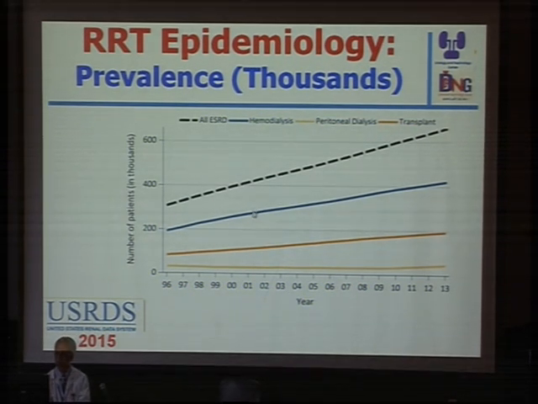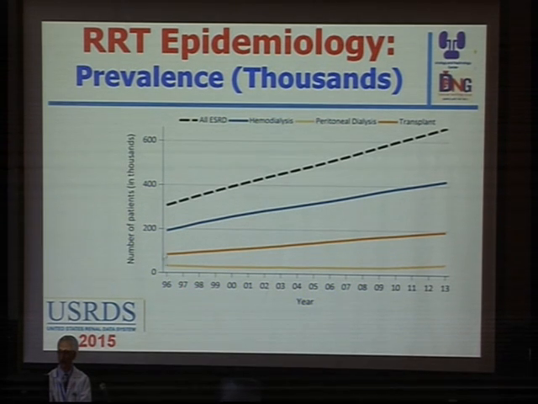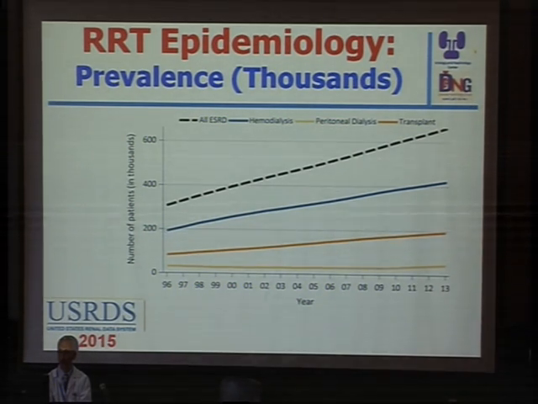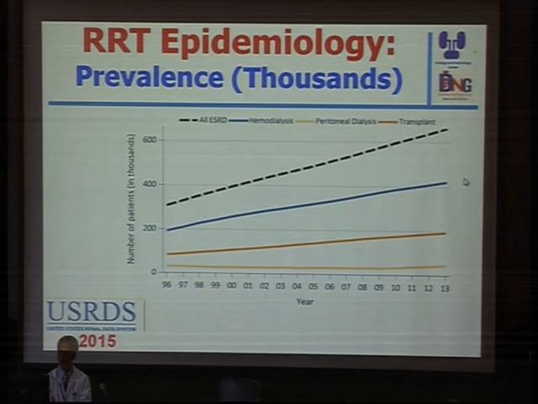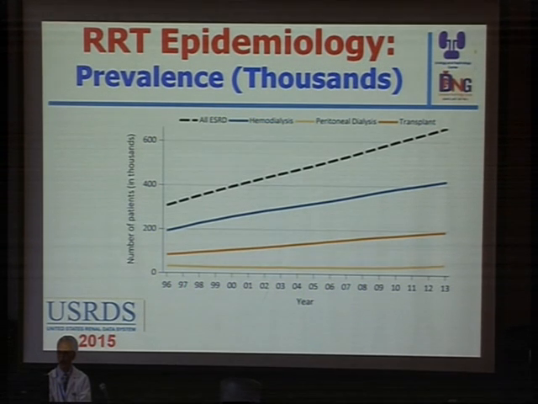If you look at the blue line, which reflects the number of patients treated with hemodialysis, in 1996 the number of patients in the United States of America was 200,000. After 17 years, in the current data, these 200,000 patients increased to more than 400,000. This means through these 17 years, the number of patients treated with hemodialysis was doubled.